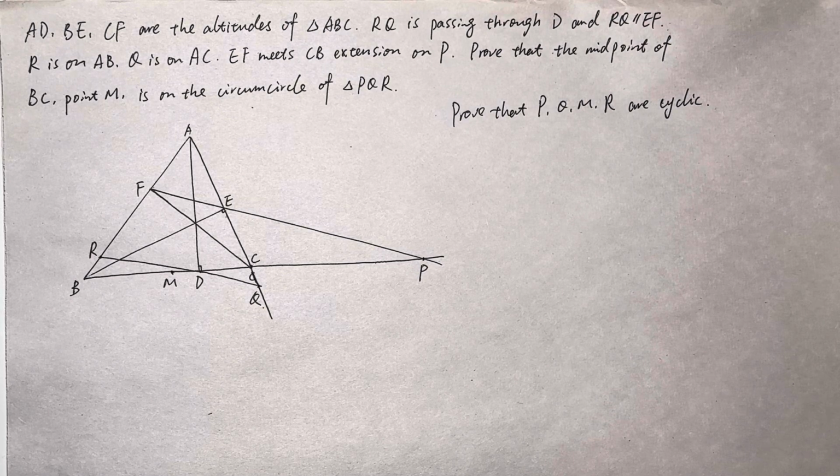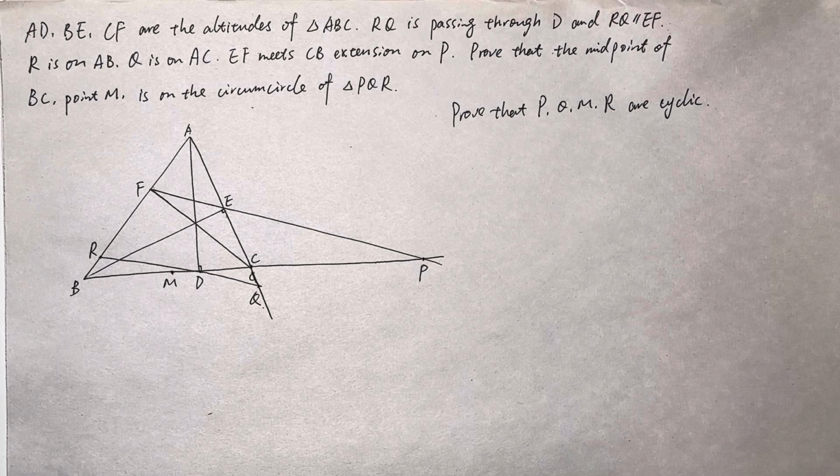The way that we can prove the 4 points are cyclic is to show that the angles referring to the same chord are equal. That's the first way. Another way is to prove that the sum of the opposite inner angles is 180 degrees. That's the second way. The third way is the Ptolemy theorem.